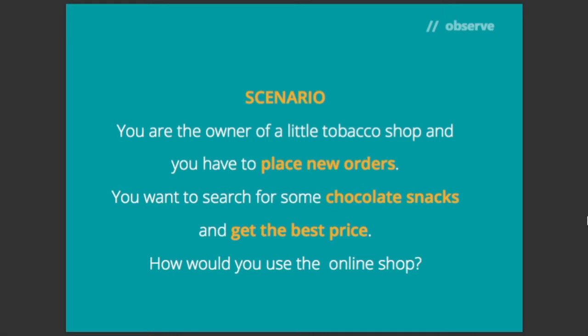After the person was in front of our laptop, we said, okay, you are the owner of a tobacco shop, and you have to place some new order for your shop. Then you need to buy a chocolate snack, for example, Mars, and try to obtain the better price, so the offer. How would you use this online shop, also the page?